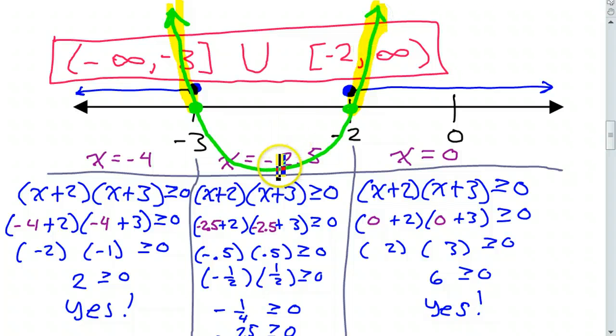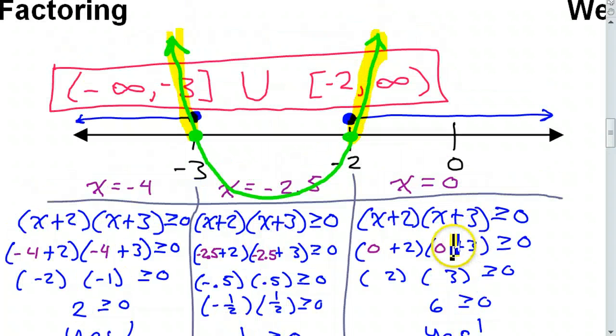So for my visual students, the reason these were the solutions is that in this yellow part of the graph, the parabola is to the right of negative 2 when it's above the x-axis, and to the left of negative 3 when it's above the x-axis, when it's greater than 0.